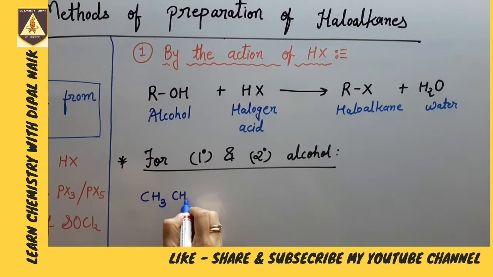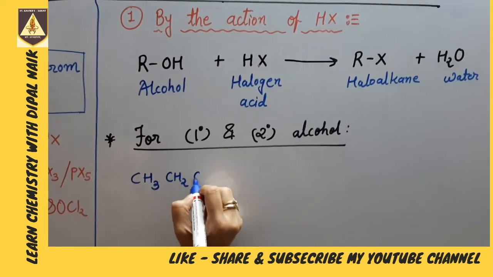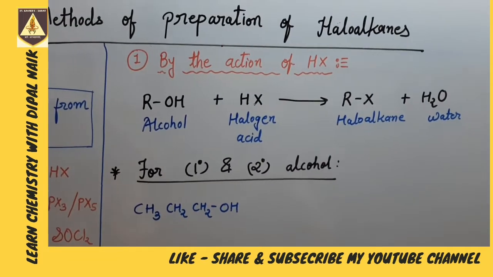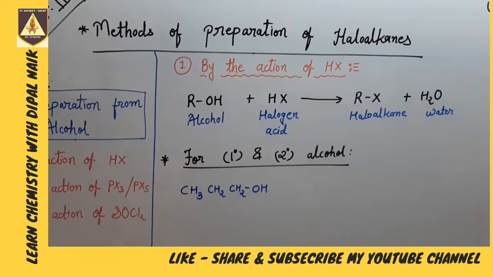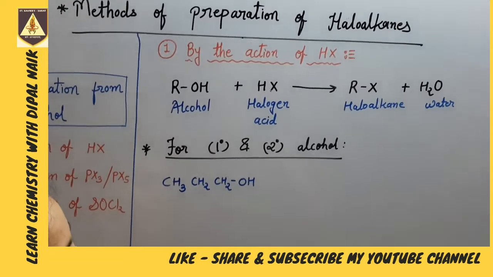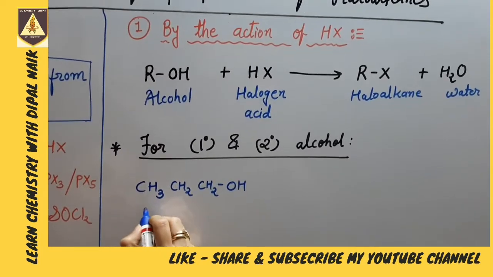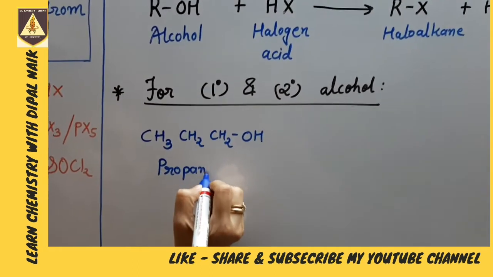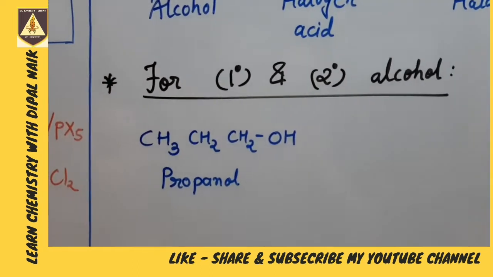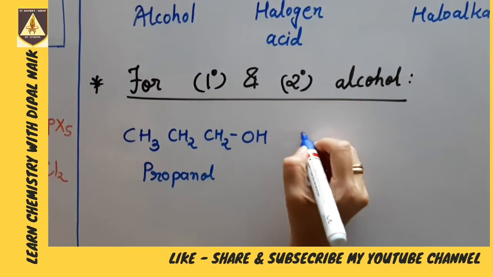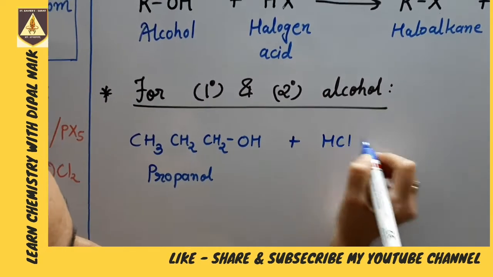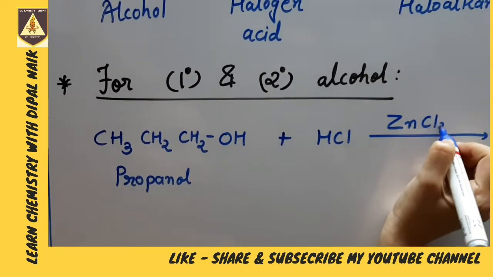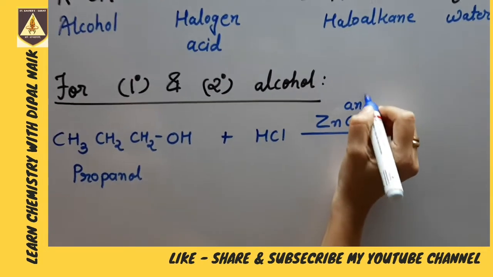CH3, CH2, CH2, OH. This is primary alcohol and the name of this alcohol is propanol. Propanol reacts with HCl in presence of catalyst ZnCl2, of course anhydrous.